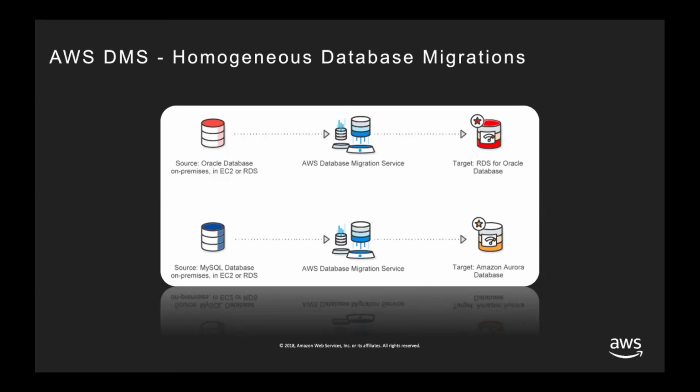Another thing to realize is that you can use Database Migration Service to migrate a database on an EC2 instance or another RDS instance. You can use this capability to do like-to-like migrations of Oracle databases. You can also use it to go from MySQL to Amazon Aurora, which is another database option within AWS.